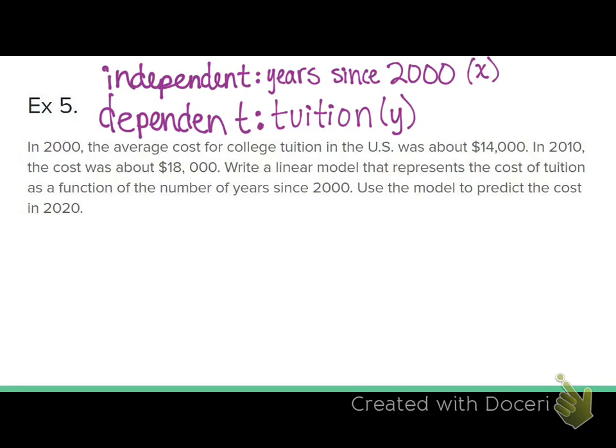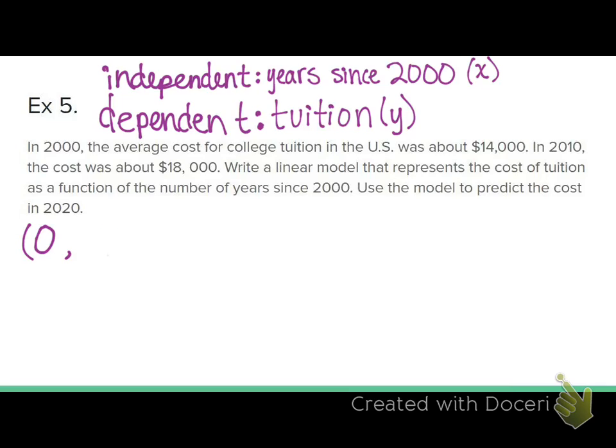So they gave us a lot of information here, and the information they gave us, we should try to represent with points. So they said in 2000. That means how many years had passed since 2000? In the year 2000? 0. No time had passed yet. So if I'm representing this sentence as a point, I put a 0 in for my time or my x.